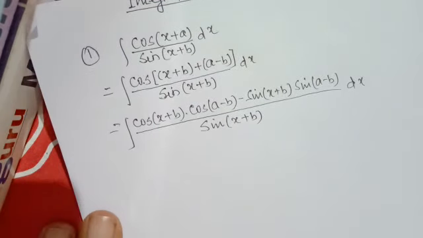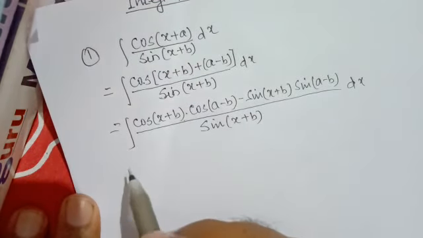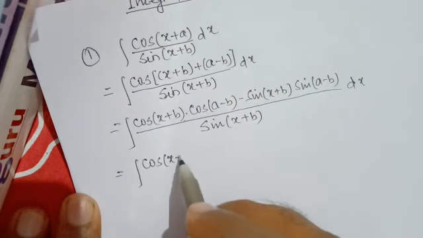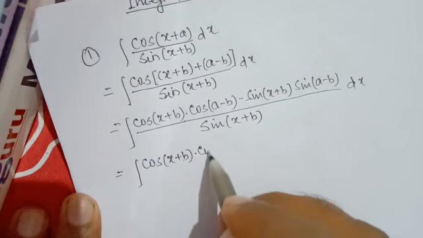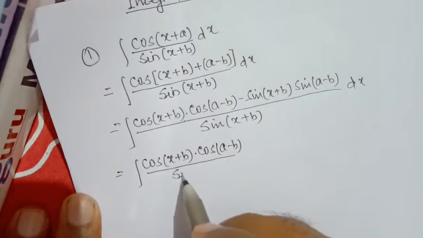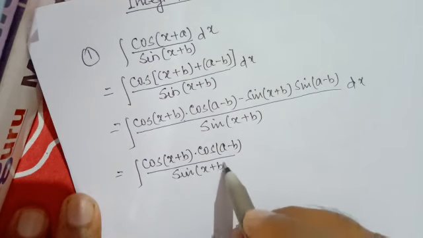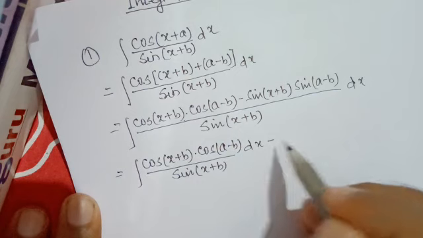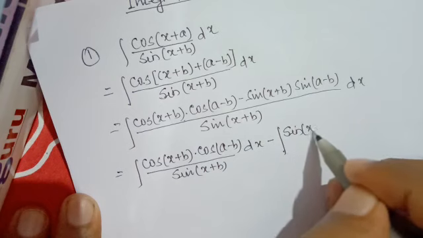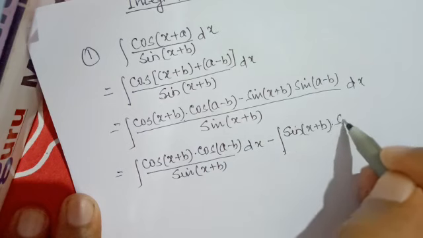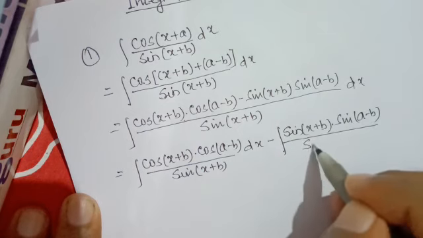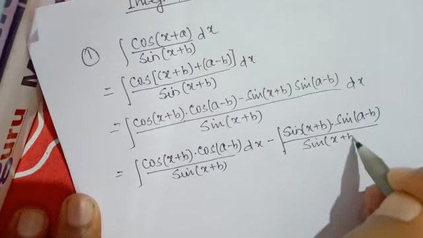Now separate this into two terms, that is cos(x plus b) into cos(a minus b) upon sin(x plus b) dx minus integration of sin(x plus b) into sin(a minus b) upon sin(x plus b) dx.